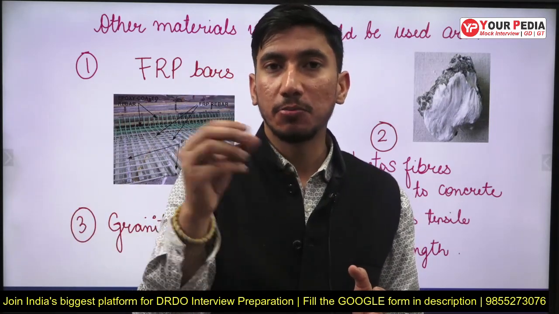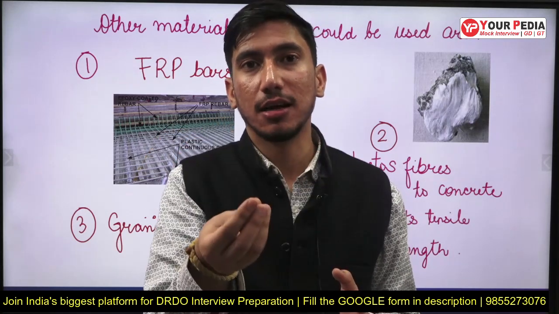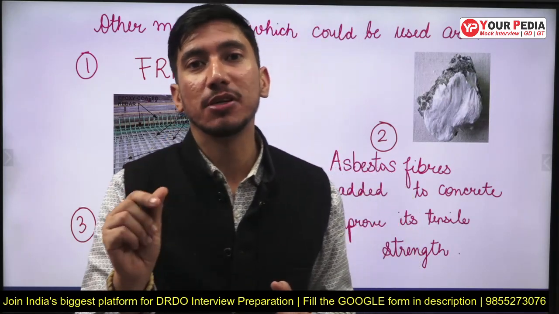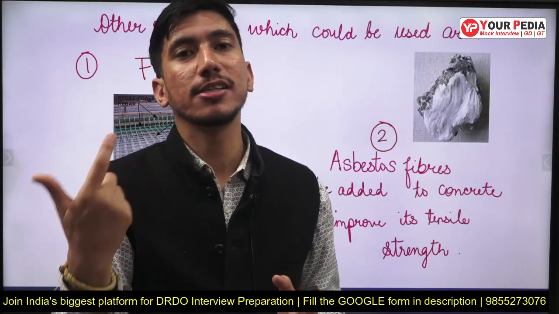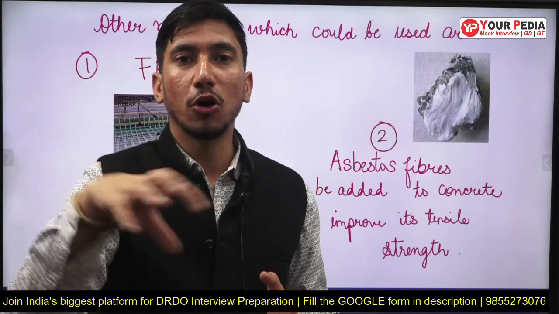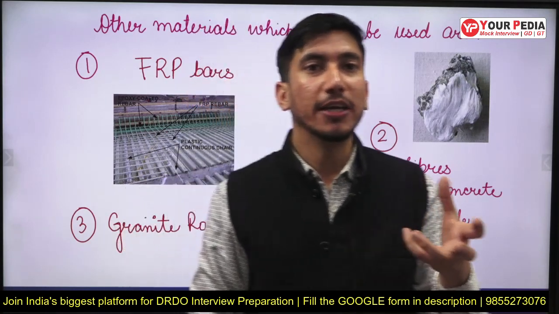Now this is simply your cement mortar, cement plus sand, and you add asbestos fibers in it. Because of the presence of these asbestos fibers, this localized tension is taken care of. So the tensile strength of the whole composite is increased. So asbestos is a very commonly used material.